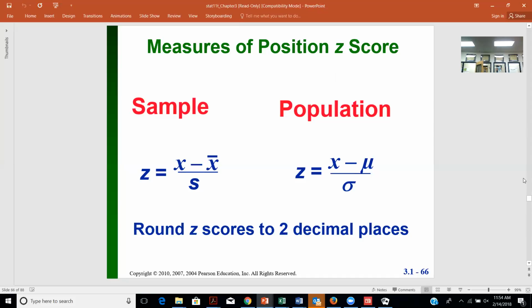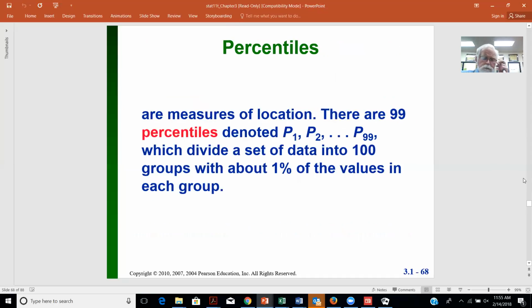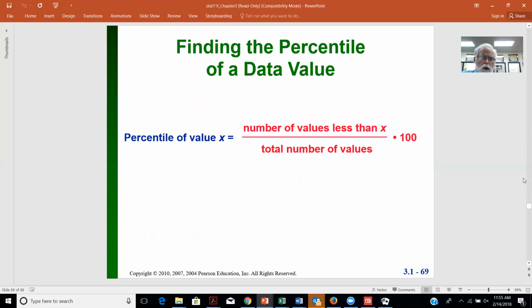So we're talking about basically data. So let's take a look at a data set and look at the concept of percentile. You've all seen percentiles. With your kids, you have kids that have growth charts, and those are percentile charts.